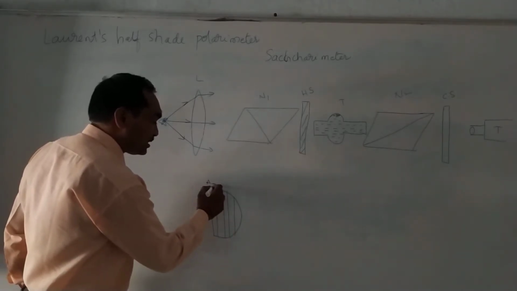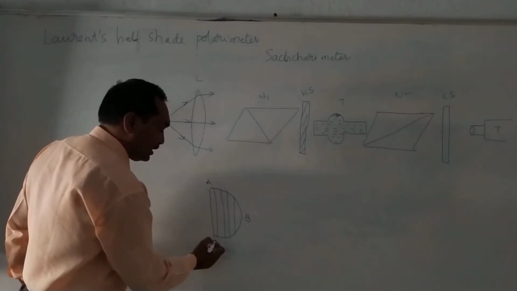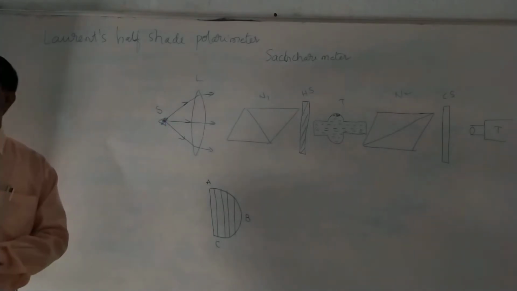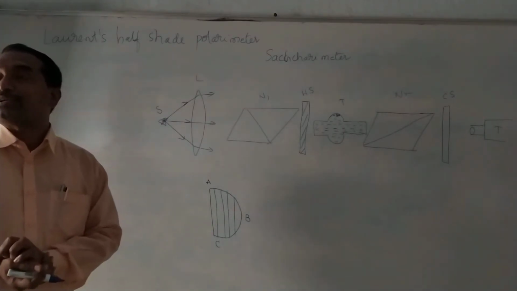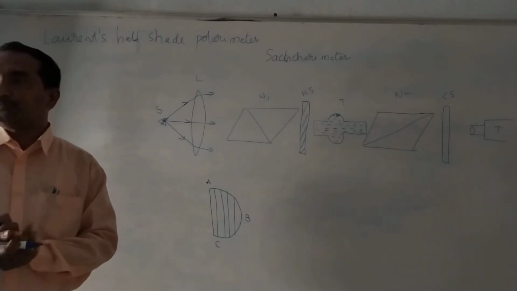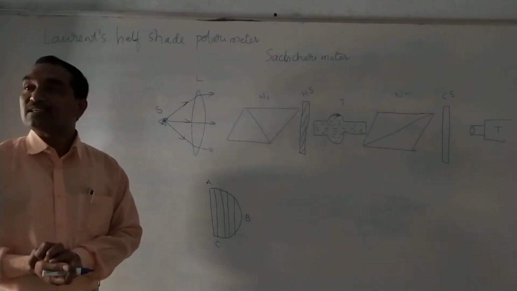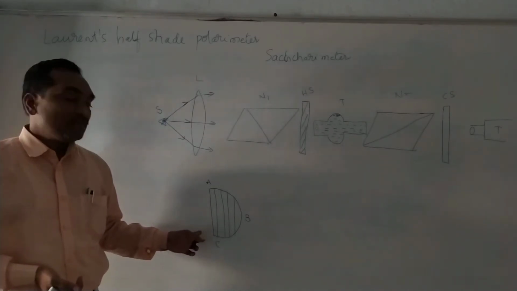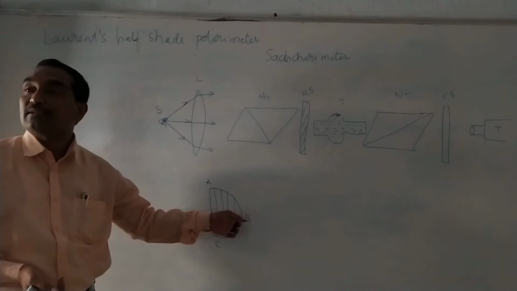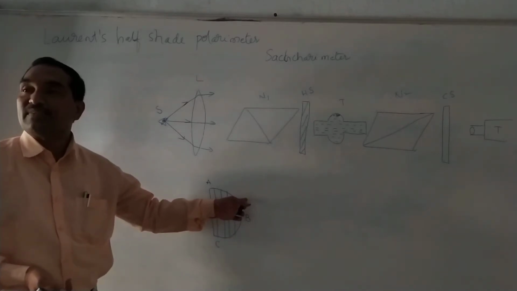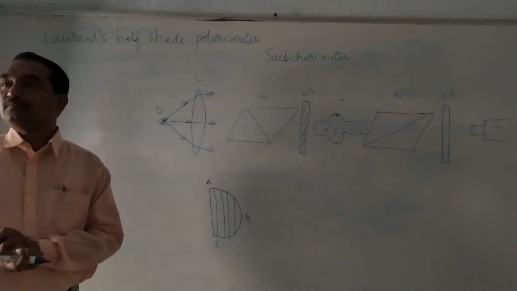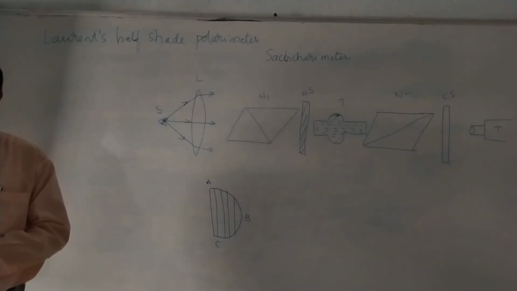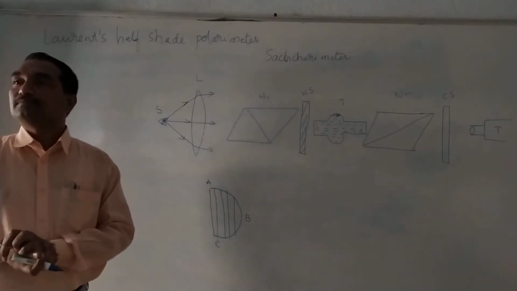This is taken as A, B and C. This is a semi-circular quartz plate, also called a half-wave plate. A half-wave plate is one where, when plane polarized light passes through it, the phase difference between the ordinary and extraordinary rays is pi radian. Our path difference is lambda by 2.